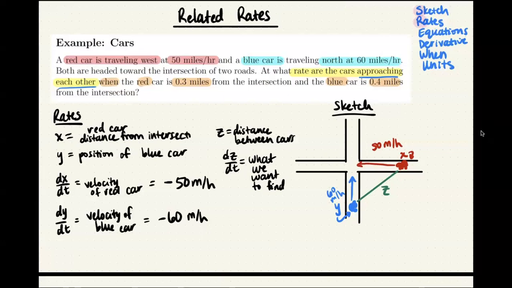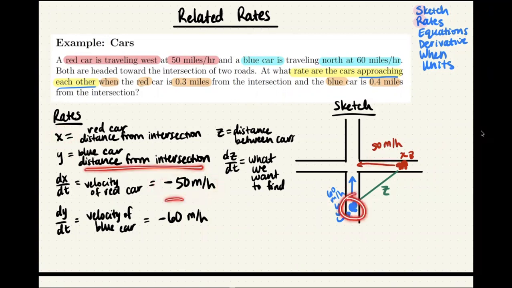That might be a little more clear about why their derivatives are negative, because the distance from the intersection is getting smaller. Yeah, I like this better. Okay. So distance from the intersection of the red car is getting smaller, so its derivative is negative. Distance from the intersection of the blue car is getting smaller, so the derivative of that is negative.